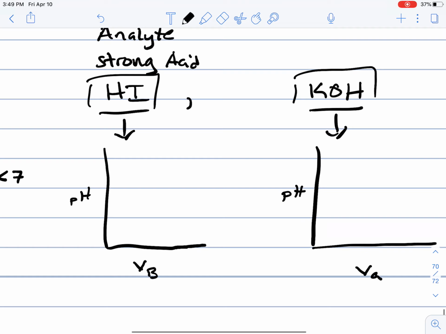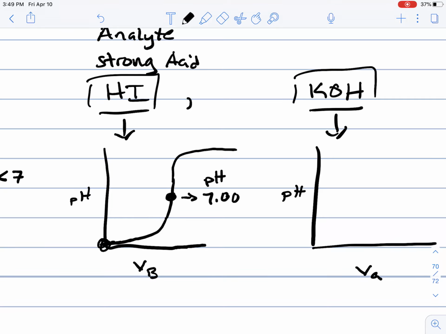And since it's a strong acid, the initial pH is going to be close to 1 or 0. That's why I'm putting my initial value all the way at the bottom. And then I'm going to go ahead and curve this titration curve from the bottom to the top. And my equivalence point is going to be at a pH of 7.00.